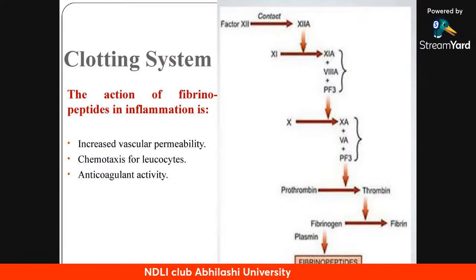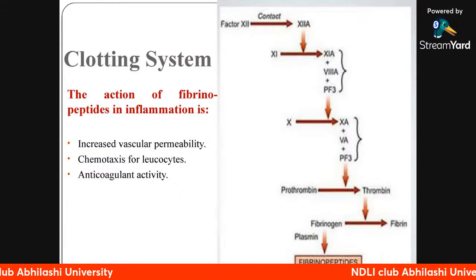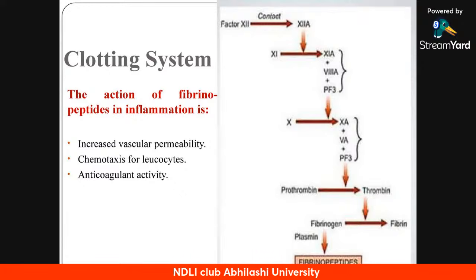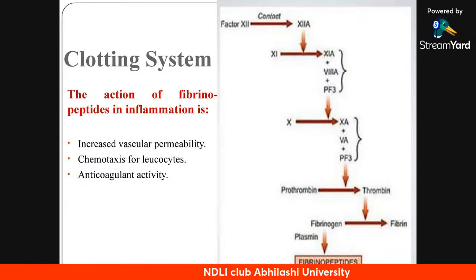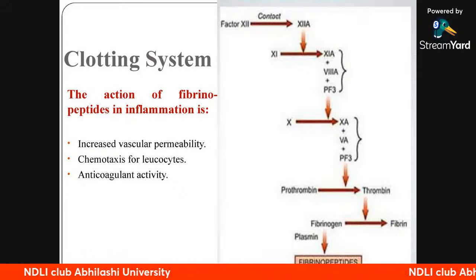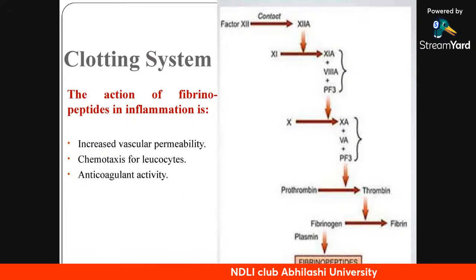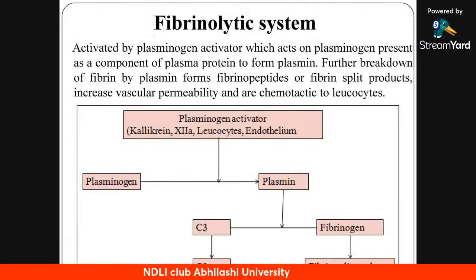Clotting system. Factor 12A initiates the cascade of the clotting system by the formation of fibrinogen. Fibrinogen is acted upon by thrombin to form fibrin and fibrinopeptides. Fibrinopeptides act by increasing vascular permeability, chemotaxis for leukocytes, and anticoagulant activity. Next is the fibrinolytic system.